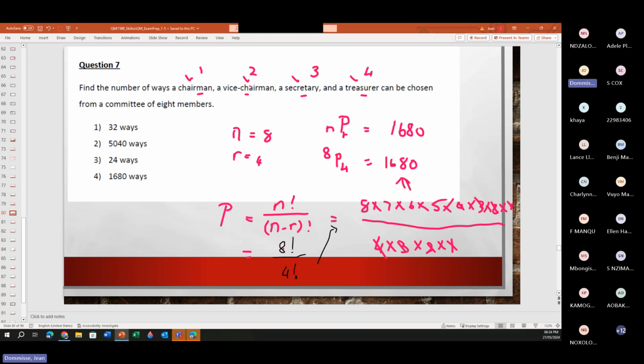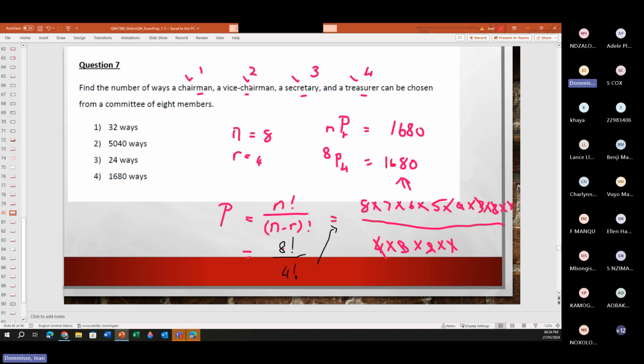Yeah, it matters if somebody is the chairman, then the vice chair, secretary, and treasurer, and the combinations of how they can be selected.